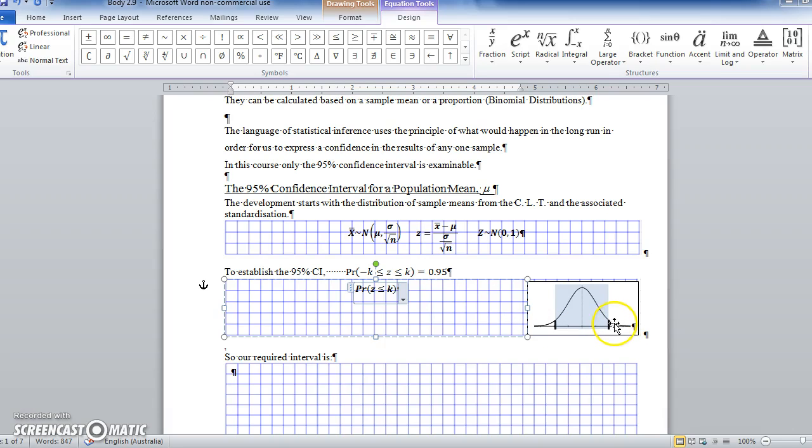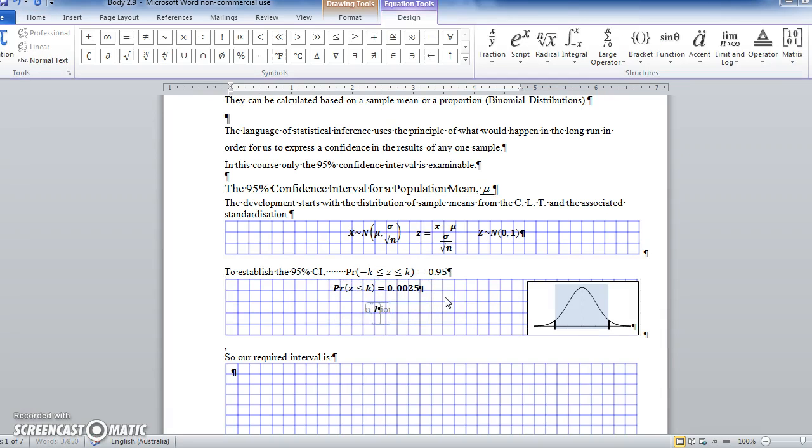And because it's a symmetrical distribution, each one of these areas is going to have to be 2.5%, or really as a decimal we could express that as 0.025.